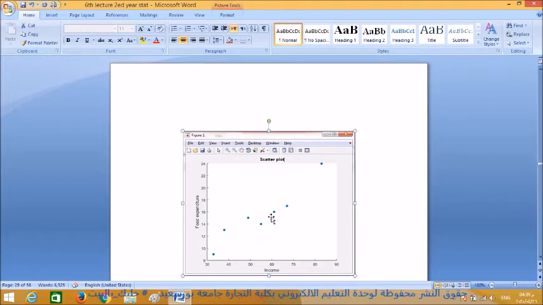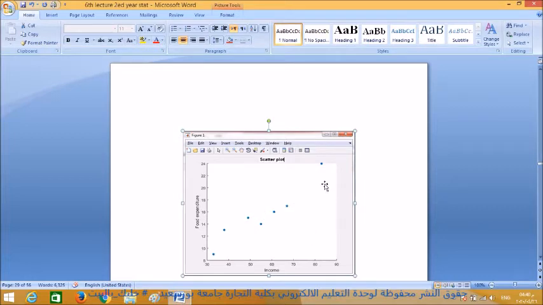This is the scatter diagram, also called a scatter plot. So the y vertical line represents the food expenditure, and the x horizontal line represents the income, and every point represents two values, x and y.